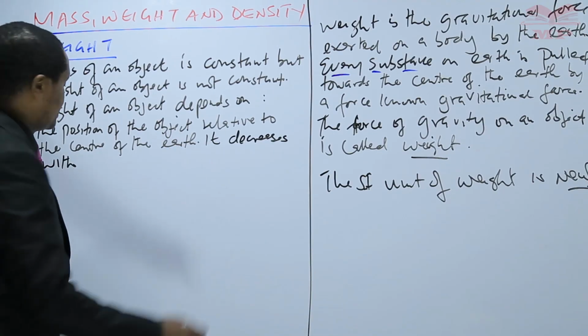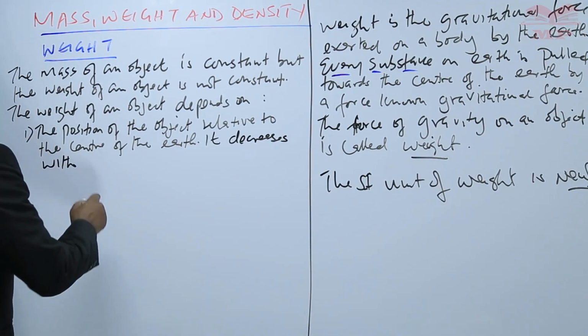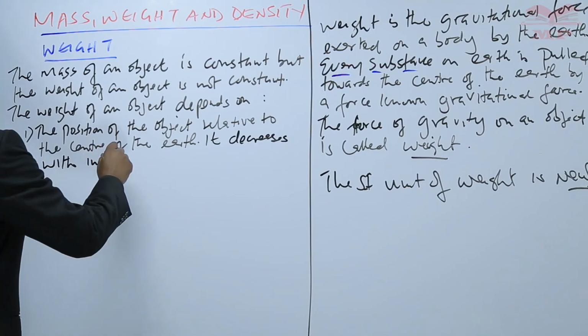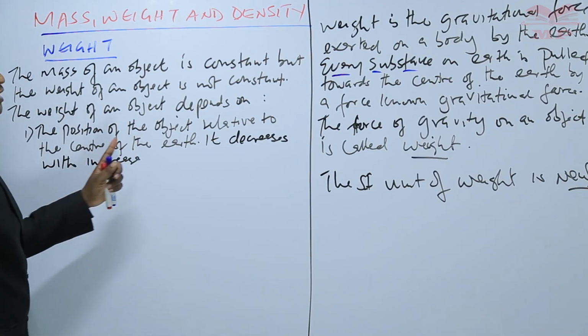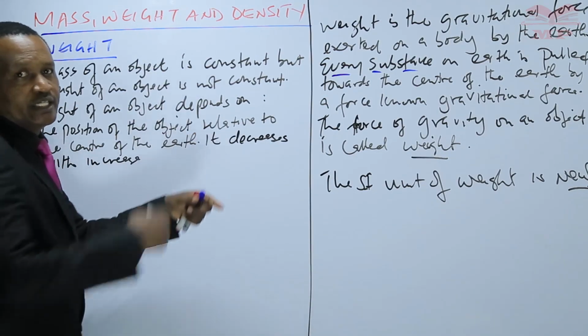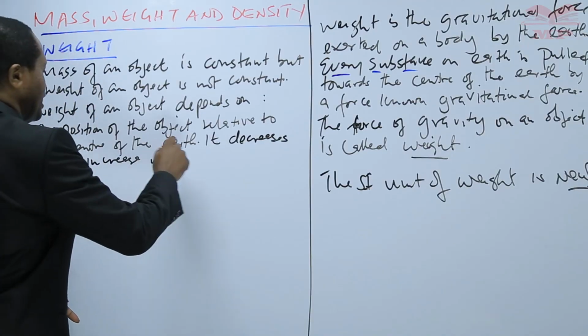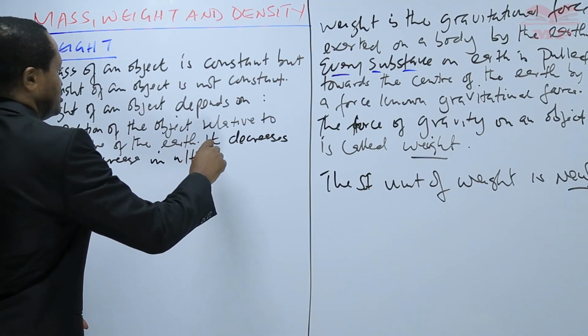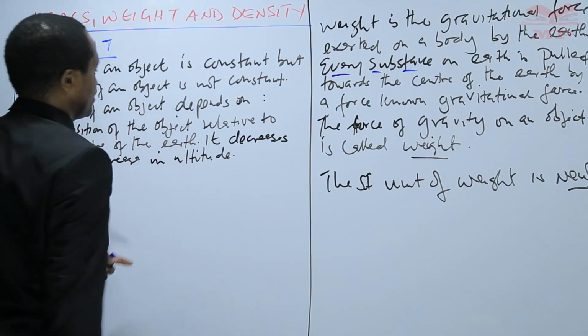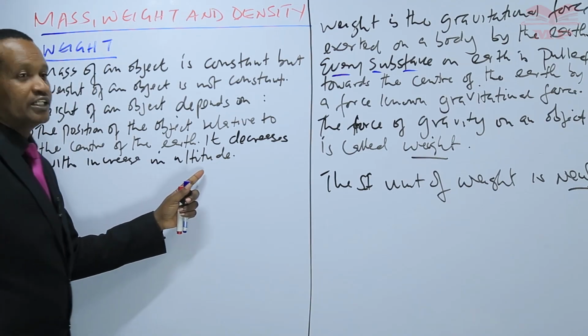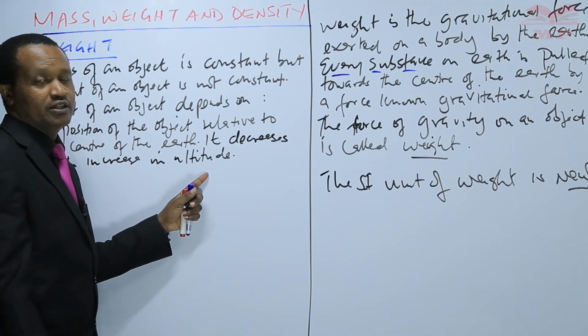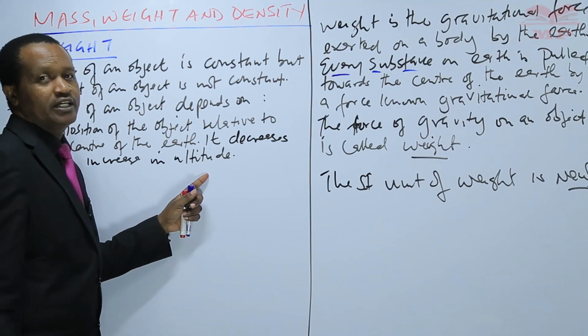It means the weight decreases with increase in altitude. I've given examples of the weight of an object at sea level and on a mountain.